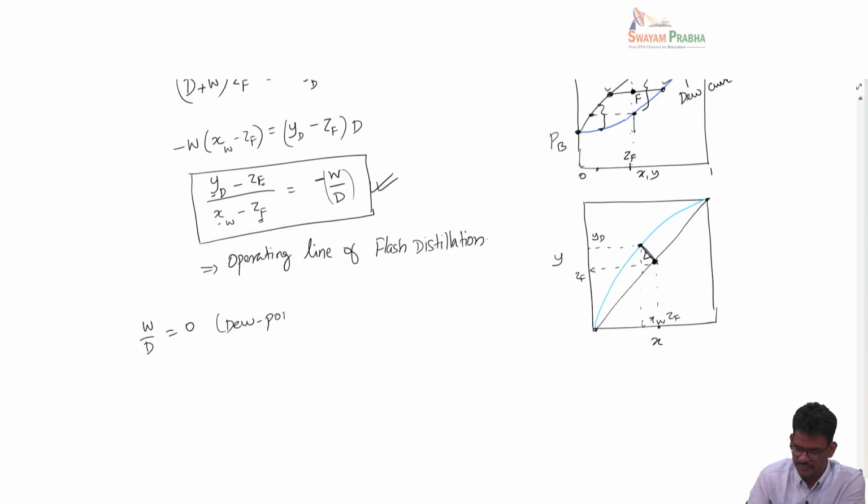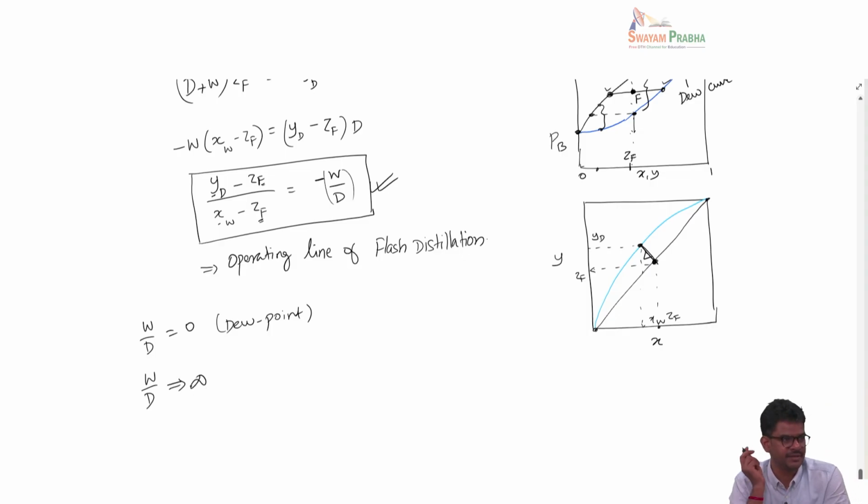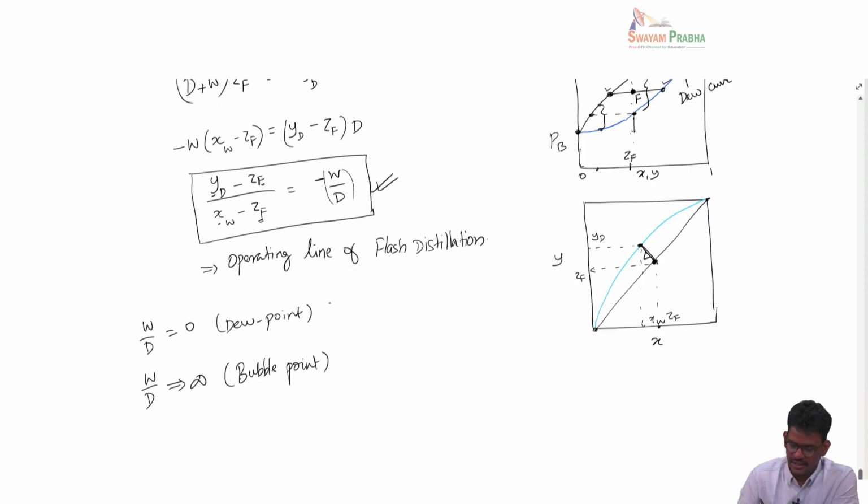Very good. And the other limit I have is W by D can be infinite, which corresponds to which point? Bubble point. Yes. So here in the dew point, we are saying that we have just a saturated liquid and the first dew has formed.